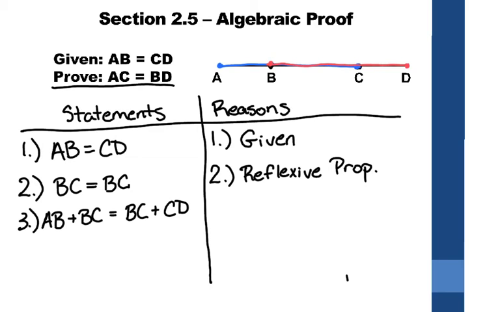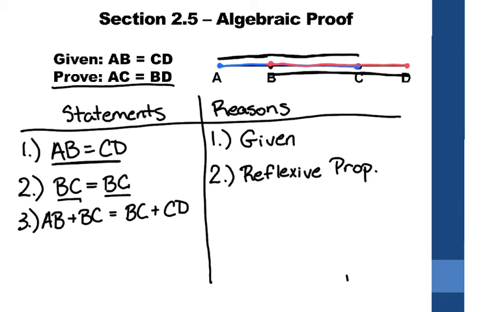Okay, so we know this segment right here plus this segment right here is equal to, I'm going to flip it back around, CD and BC. Those two segments are equal. If we add those together and then add the other two together, and see what we've got here is all we did was from this step right here, we added BC to both sides of the equation.